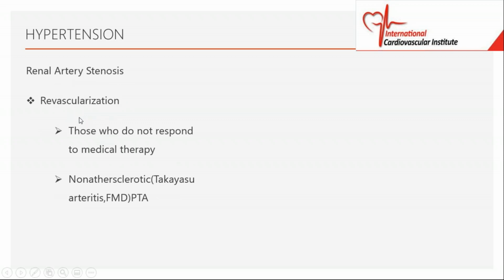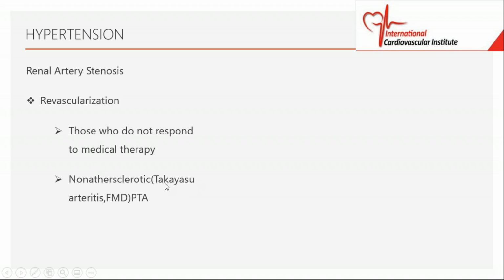The patients you're going to send for angioplasty or stents are those who do not respond to medical therapy. So make sure you do your exhaustive medical management, and then if they don't respond, you can send them for angioplasty and stents.